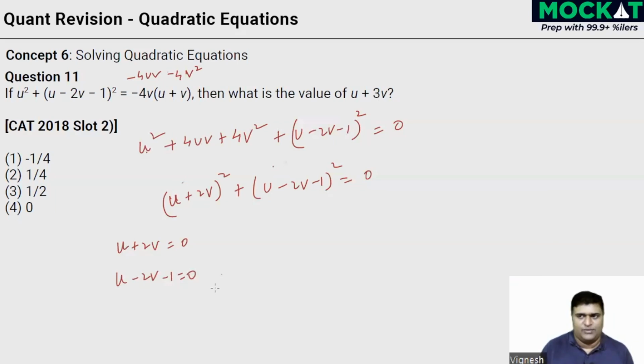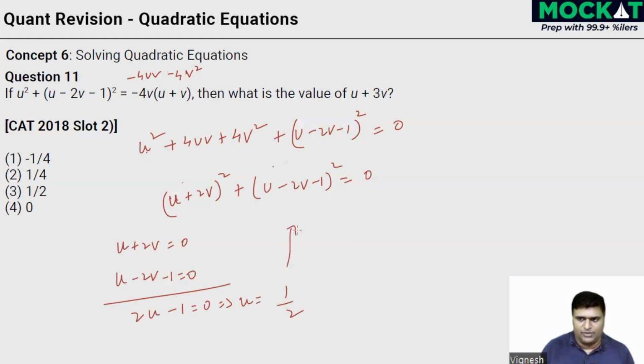We need to solve for the values of u and v and plug into this u plus 3v. So what do we get here? We'll just keep it as this, u plus 2v equals 0. In fact, we can just add the two of them over here itself. If we add the two of them, we're going to get 2u, 2v minus 2v cancelled, minus 1 equals 0, u equals half. And what is the v value going to be?